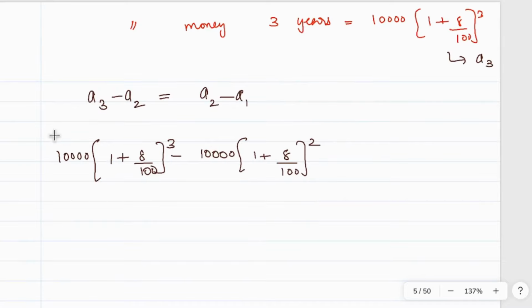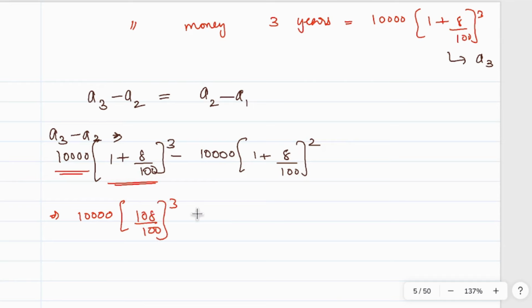Clear? Now I am going to find A3 minus A2. A3 is 10,000 into 1 plus 8 by 100, which can be written as 108 divided by 100 after taking the LCM, minus 10,000 into (108 by 100), the whole raised to 2.